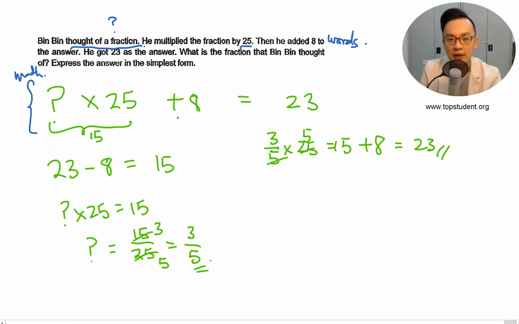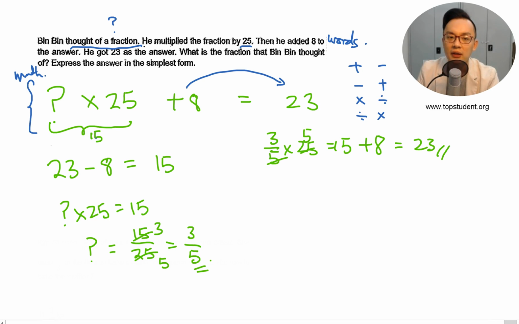So once you have this, it's easier for you to figure out what the question mark is. You have the 8. If you plus 8 here, when you shift over to get this part, plus becomes minus, minus becomes plus, times becomes divide, and divide becomes times. So logically or using common sense, you also roughly need to realize that I need to minus 8 here, then I can get this part.